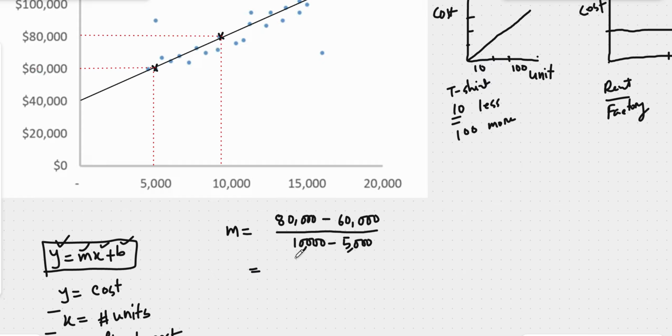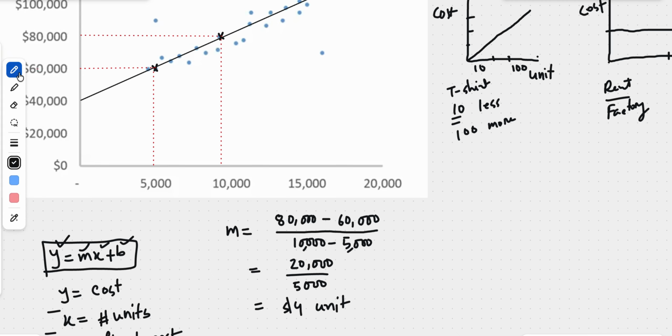It will give you 20,000 divided by 5,000, which is $4 per unit.